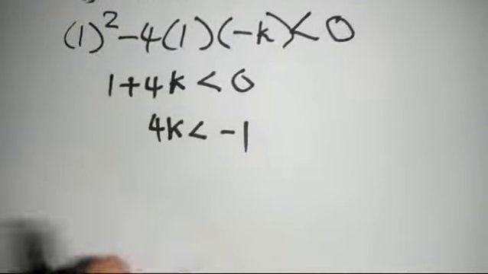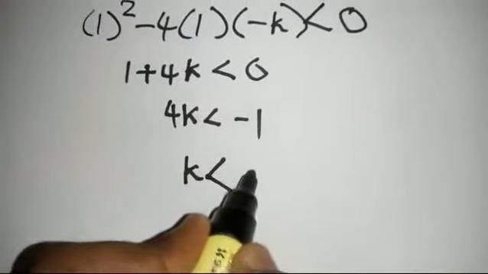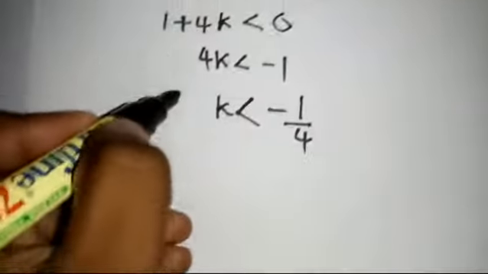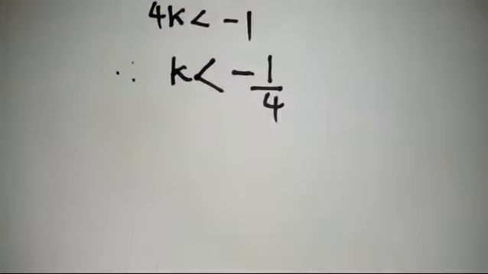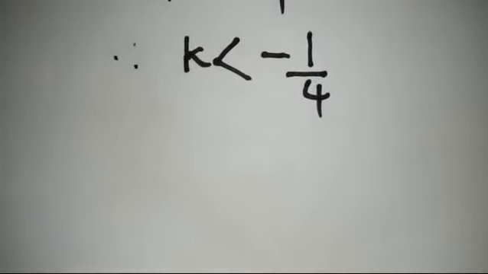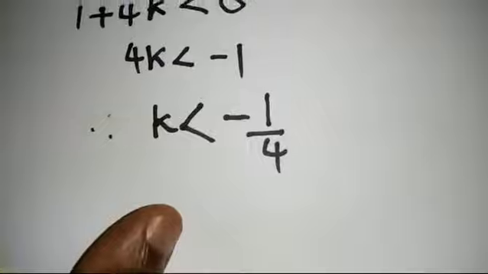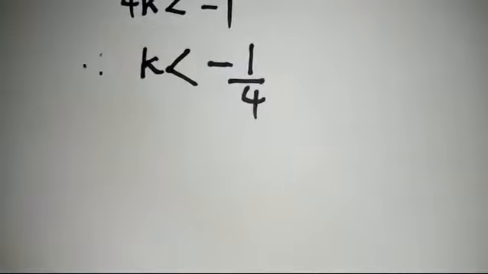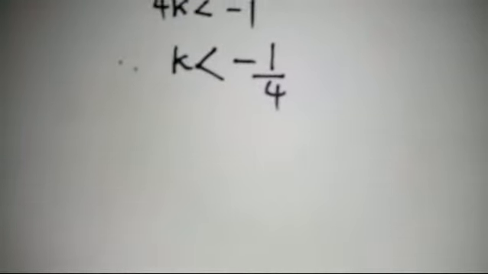Then you divide both sides by 4. Then you find out that k is less than negative 1 over 4. Therefore, this means that your value for k should be less than negative a quarter for this equation to have no real roots. That's all for question 1.